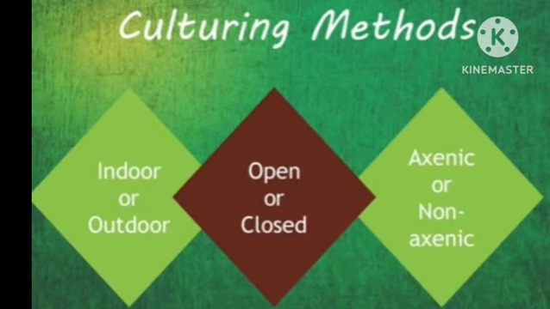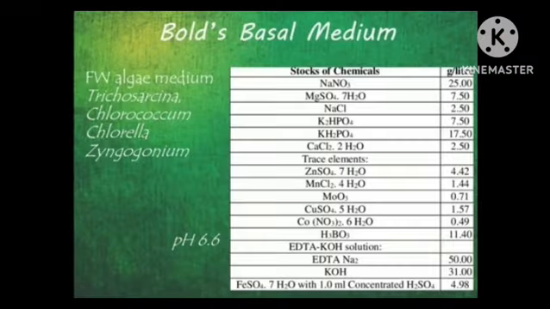This is also the Bold's Basal Medium, BBM. This is important for freshwater algae culture. It will be used for freshwater algae, for example, pH 6.6. The components are macronutrients, trace elements, and EDTA and KOH solutions.